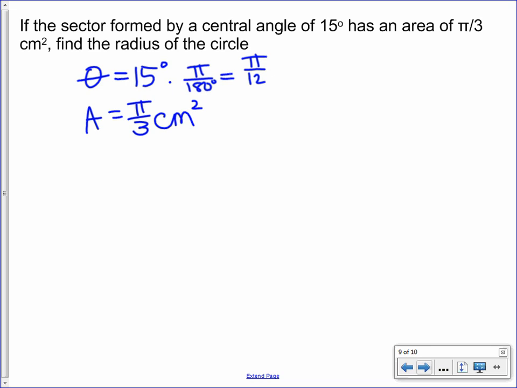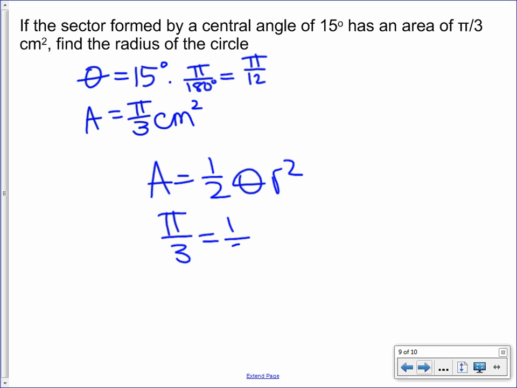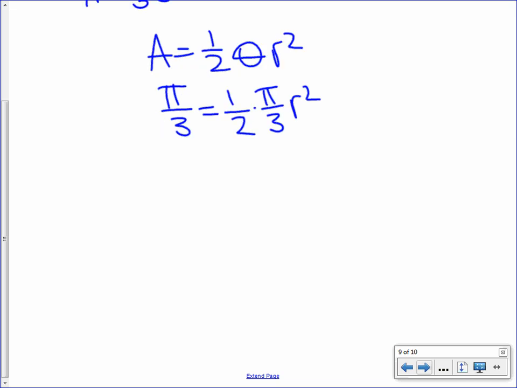Okay, so area of the sector, 1/2 theta r squared. So our area is pi over 3, could equal 1/2 times pi over 12 times r squared. So let's clean this up.